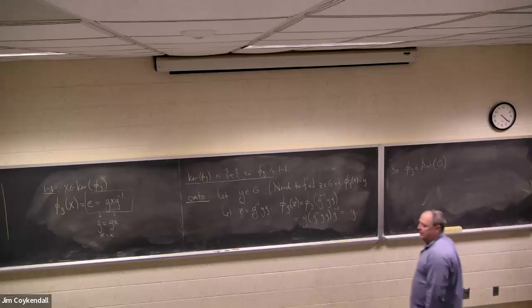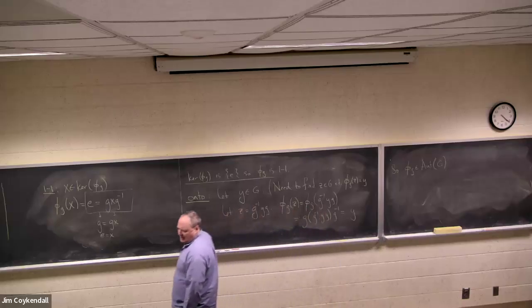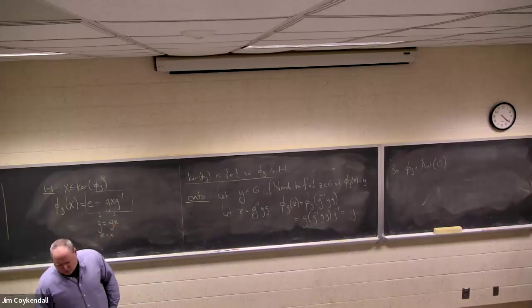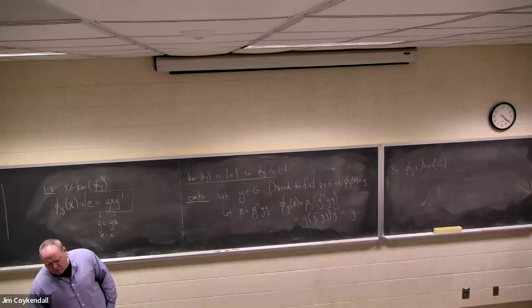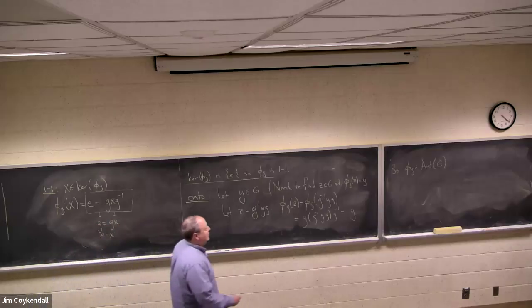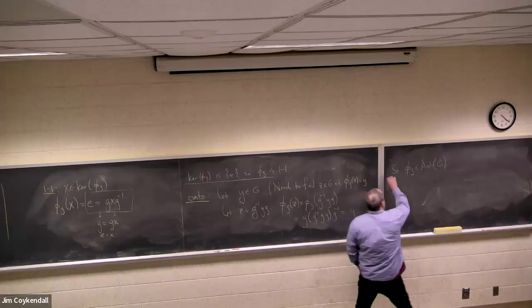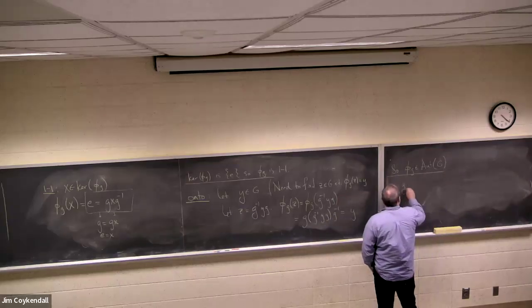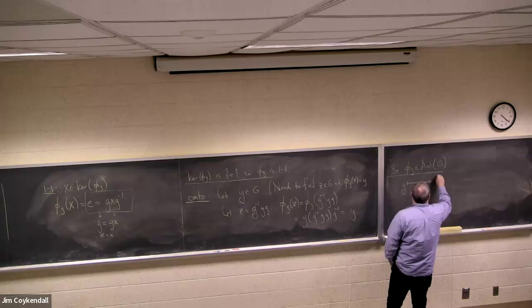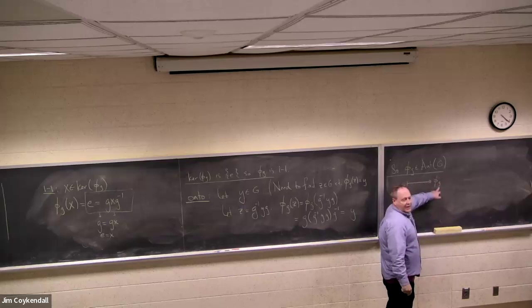Final question on this part is show that the correspondence g goes to phi G is a homomorphism from G into Aut G. So the correspondence g goes to phi G. Remember, with this I said I had a fixed element.